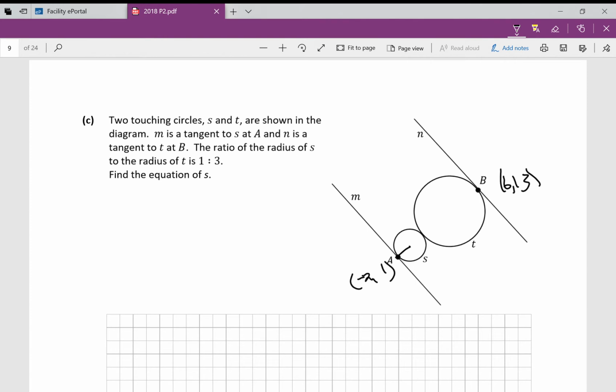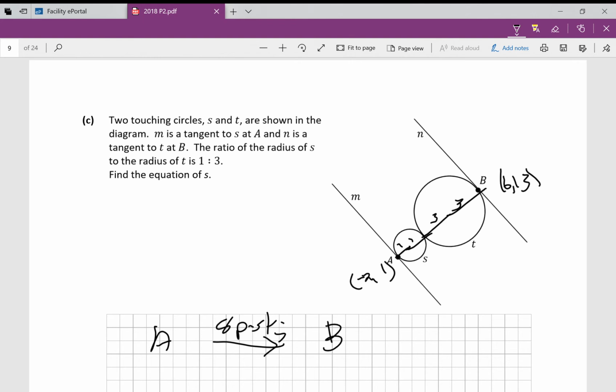So the radius of this is 1 part, and the radius of this is 3 parts. Now it doesn't measure 1 and 3, it's just 1 part, 3 parts. So in total, to go from A to B, you go a jump of 3, 6, 7, 8 parts. 8 parts will bring me over to B.